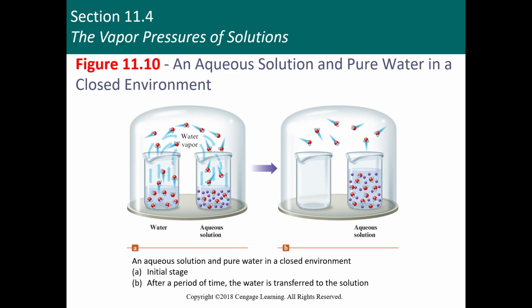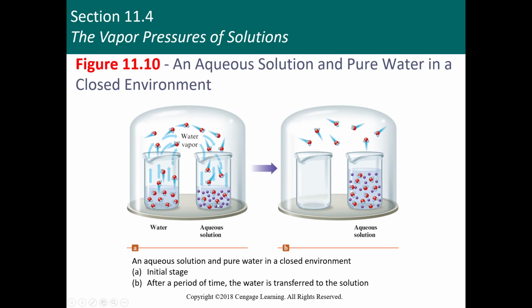An aqueous solution and pure water in an enclosed environment is what we're seeing right here. And what we can see is the solution with solute in it will actually have a net draw to the pure solvent right here.